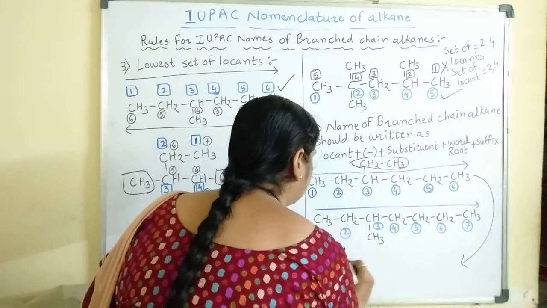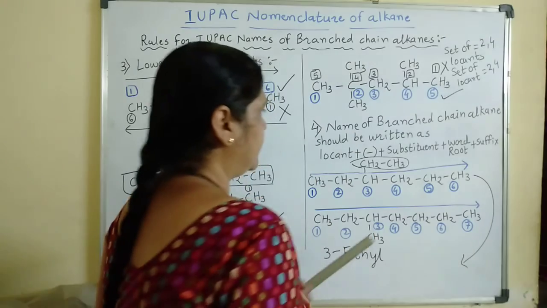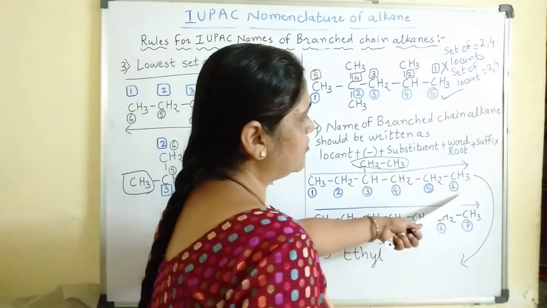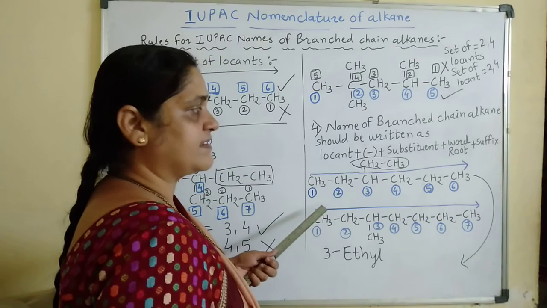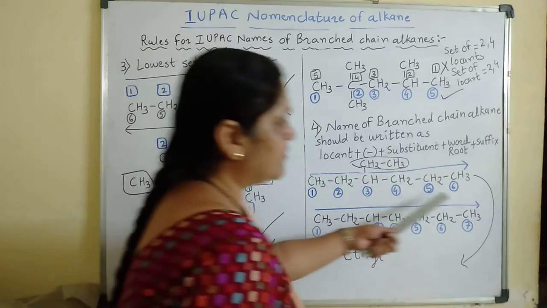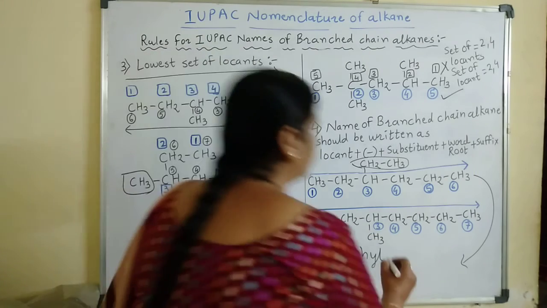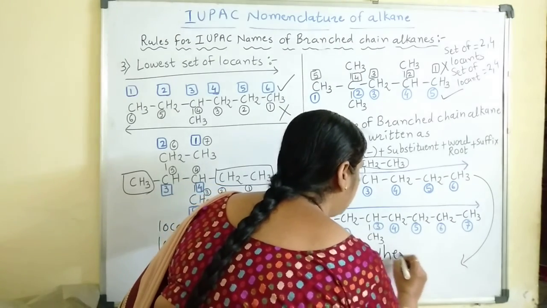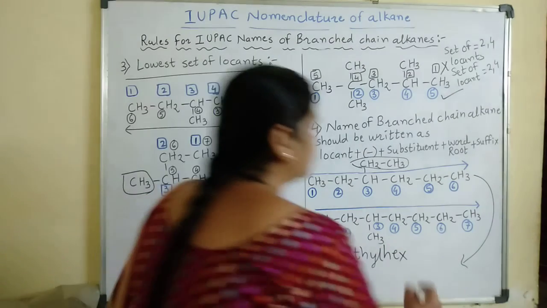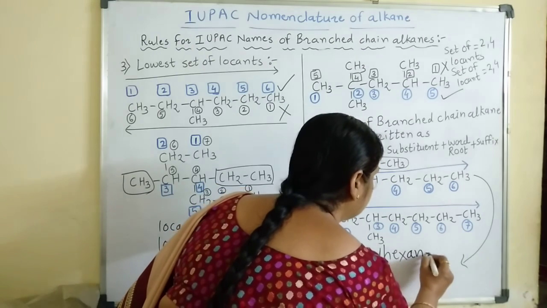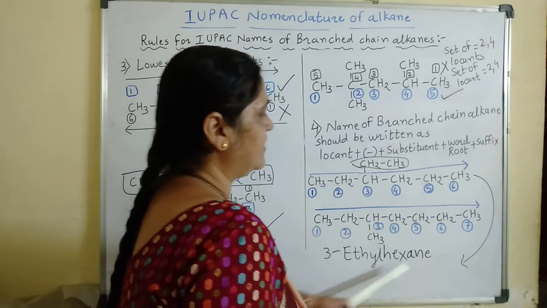So write down ethyl. Then word root. Word root will be derived from the how many total number of carbon atom present in the longest continuous chain. So 6 carbon atoms are present in this longest continuous chain. So our word root will be hex. And the suffix, as it is the alkane, suffix will be ane. Right? So I have written this name of the compound as 3-ethyl hexane.